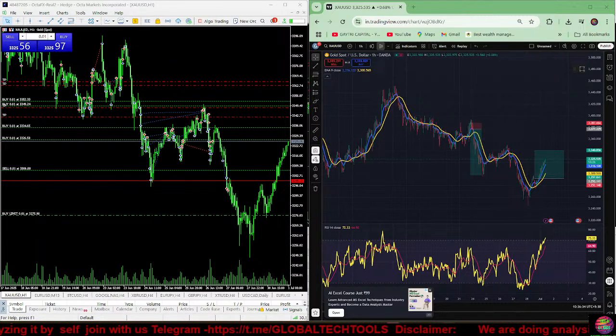It takes 24 hours to create each and every one of these boxes, also known as candlesticks. If we were to simply flick down to the 4 hour, so we click this button right here and then it takes us to the 4 hour, you can see it right here as well. Each and every one of these boxes is now 4 hours, meaning it takes 4 hours for this candlestick to close.